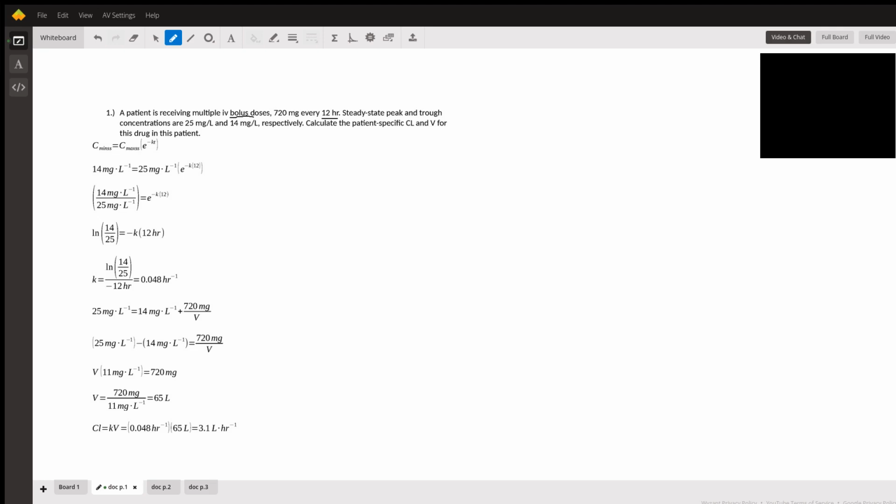Solving for k involves taking the natural logarithm, and we get 0.048 hours to the negative 1.